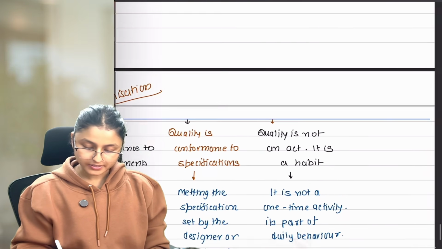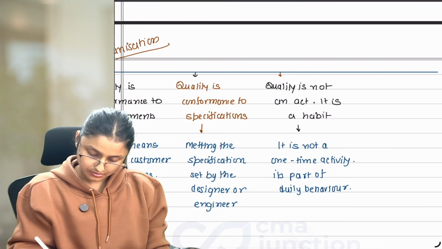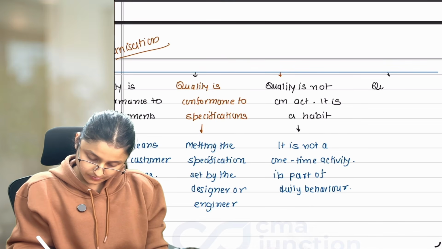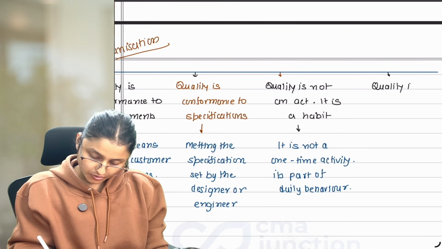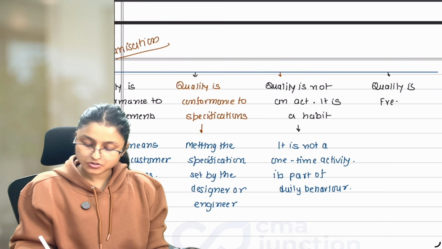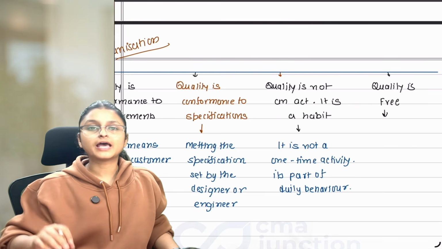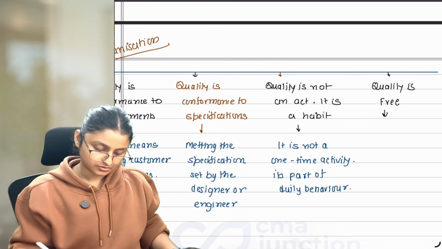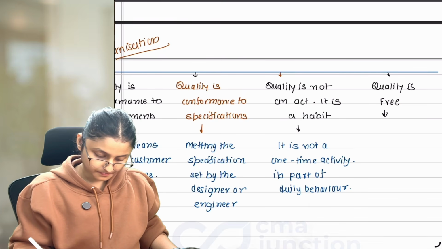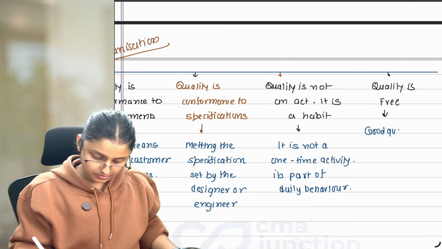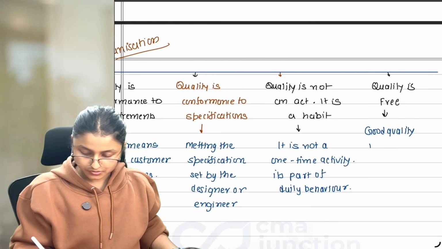Next, quality is free. For organizations, whatever cost they incur for maintaining quality is much lower than having a defective product. So, good quality reduces cost.